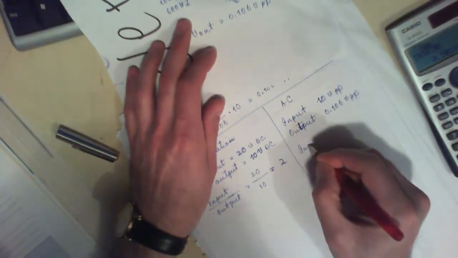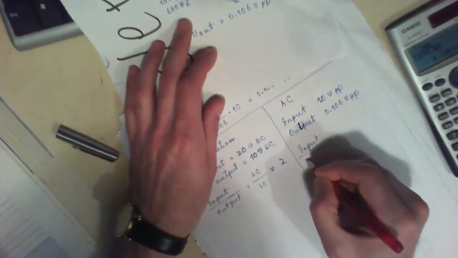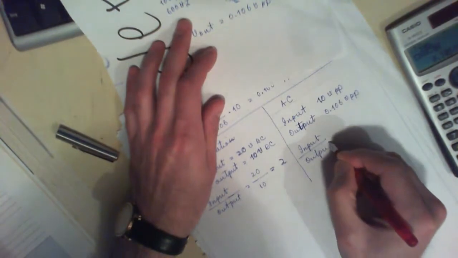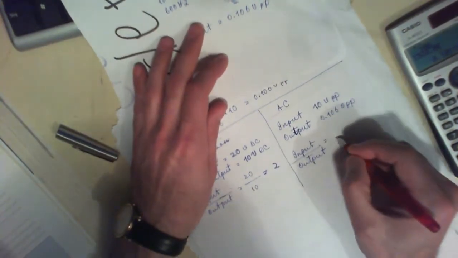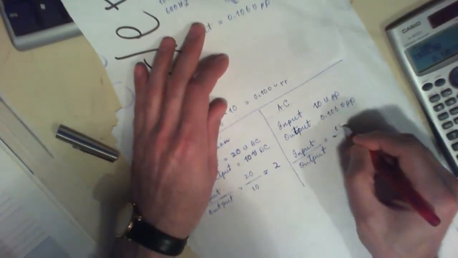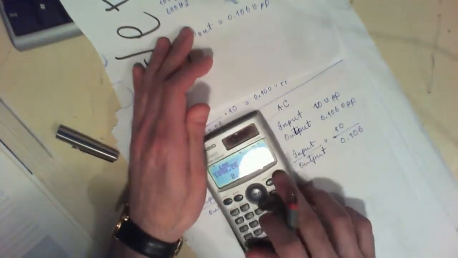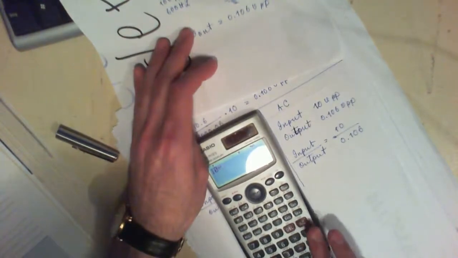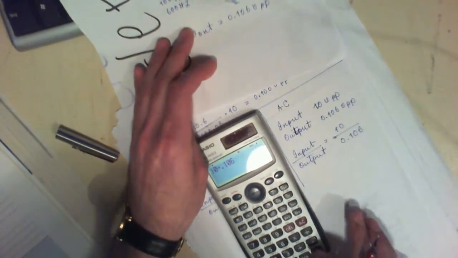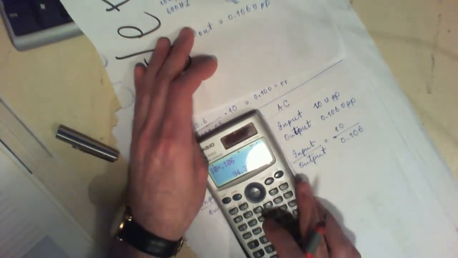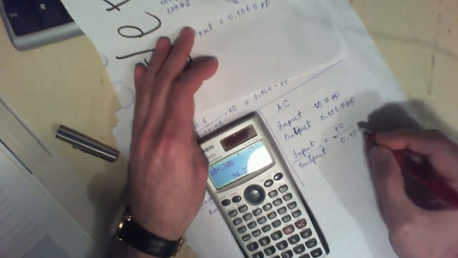So your input to output would be 10 divided by 0.106, which is equal to 94.34.